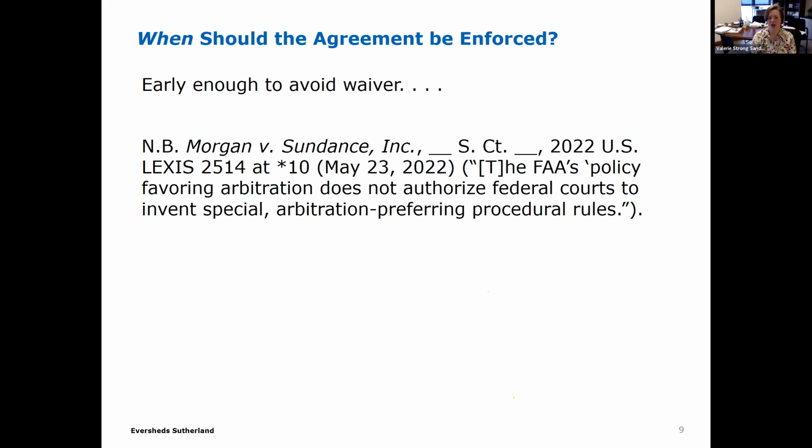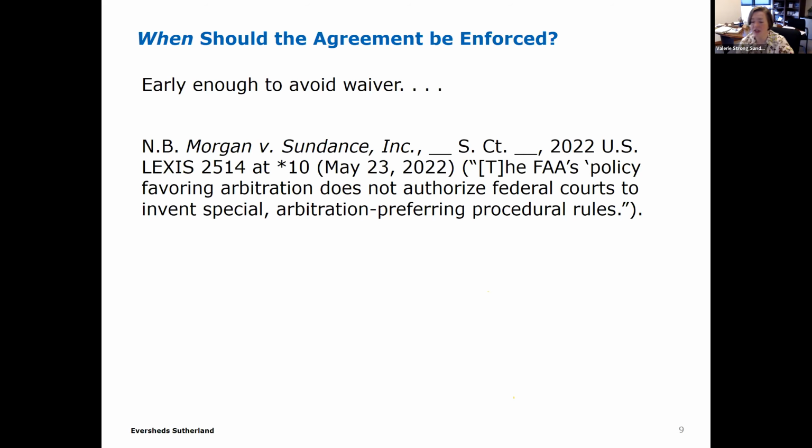You don't normally go through a prejudice analysis. And so the court said, we do have that rule about arbitration agreements being on the same footing as everything else. We're going to apply that here and say, you don't get to apply this prejudice requirement only in the arbitration context either.